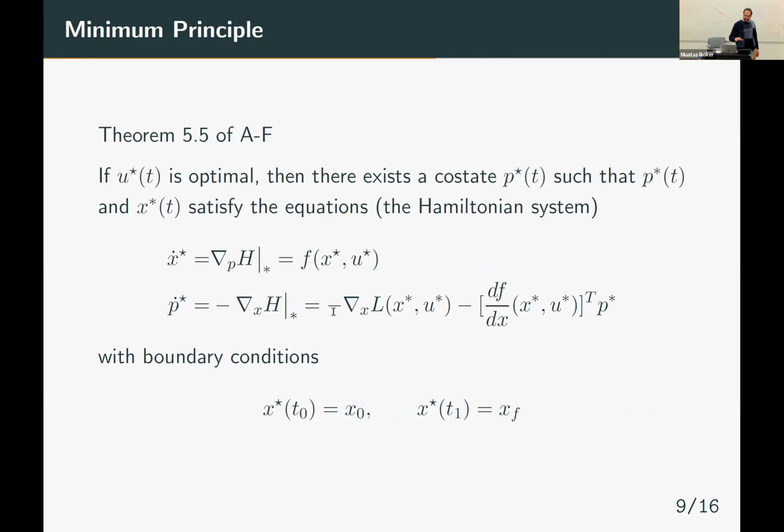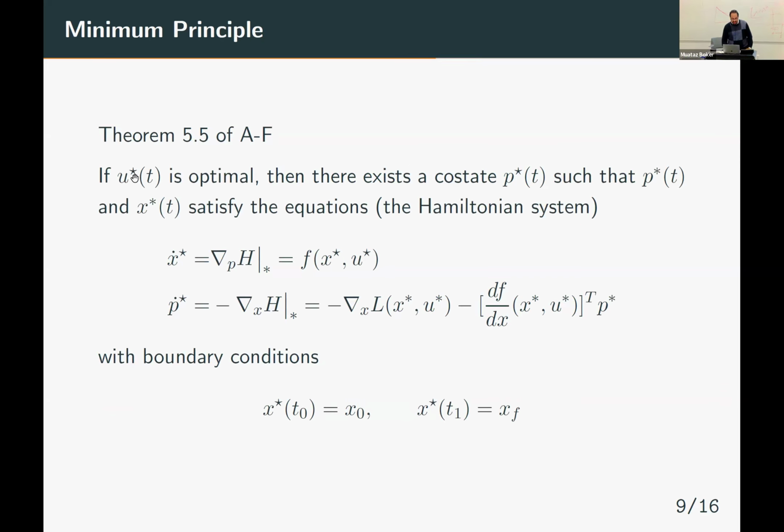So this slide here summarizes theorem 5.5 of the Athans and Falb textbook. If you read the theorem in the textbook, it has more statements there. So this is just a loose summary of that theorem.